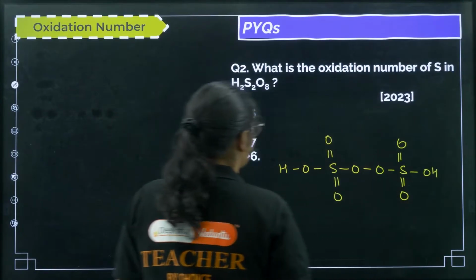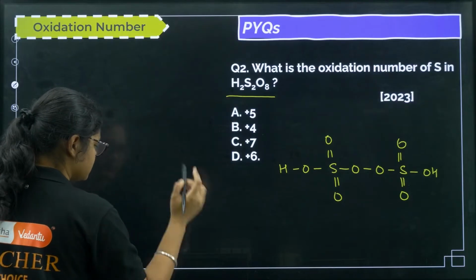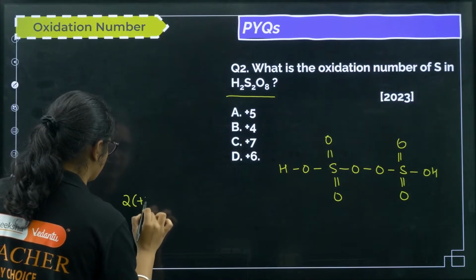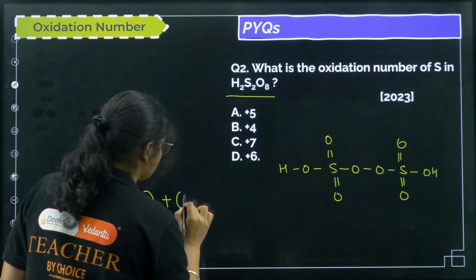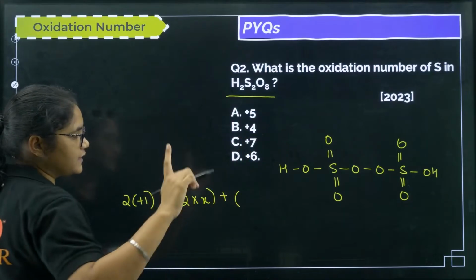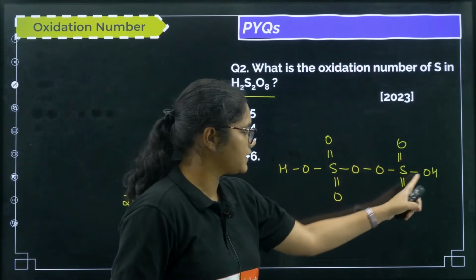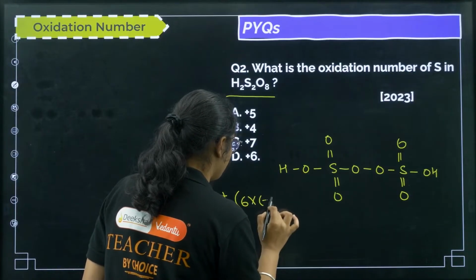Now if I want to calculate, let us take H oxidation state as +1, so 2 into +1. Then I have S2, so 2 into x. Now you see oxygen, there are 6 oxygens which have an oxidation state of -2, so 6 into -2.